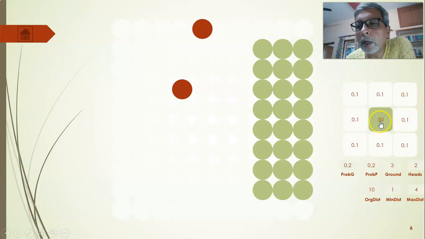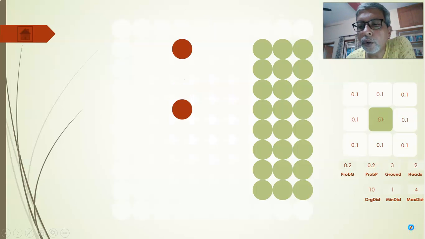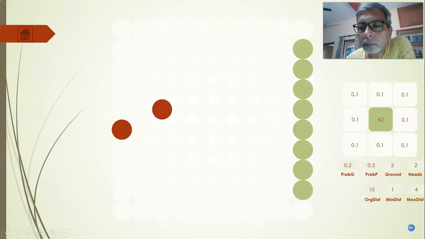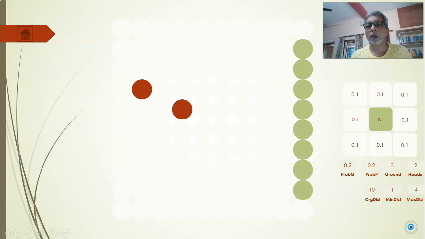Here I count the number of clicks. Till now I have clicked 50 times. The distance is 6, it can go to 10 at the max. The maximum number of clicks I can make is 1000.